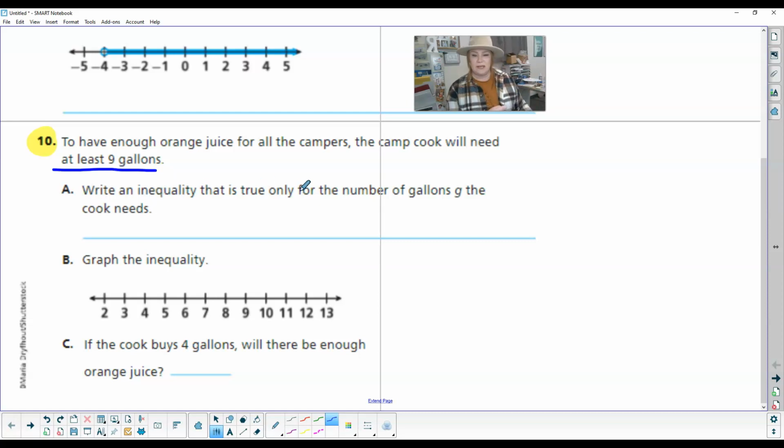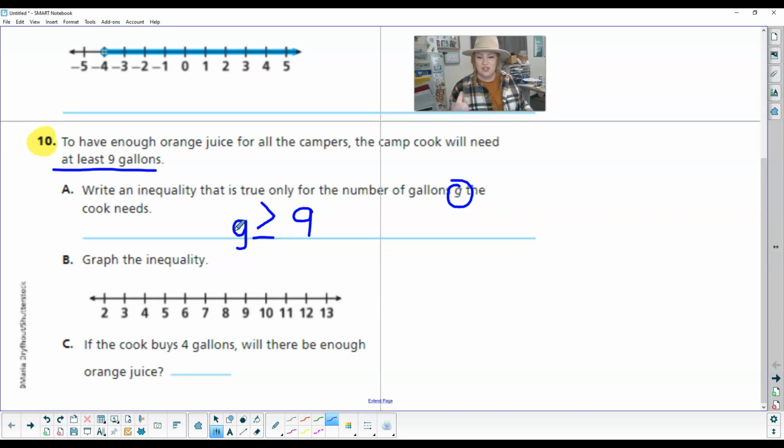Write an inequality that is true for the number of gallons the cook needs. So I am comparing G and 9. What does G need to be? What does the cook need to make? We decided the cook needs to make more than 9, but exactly 9 would be okay. It's always good to make that solution set to think, did I really do this right?